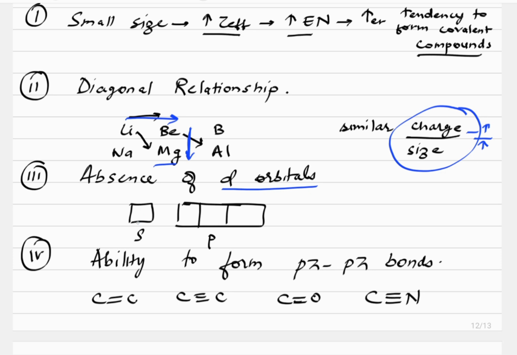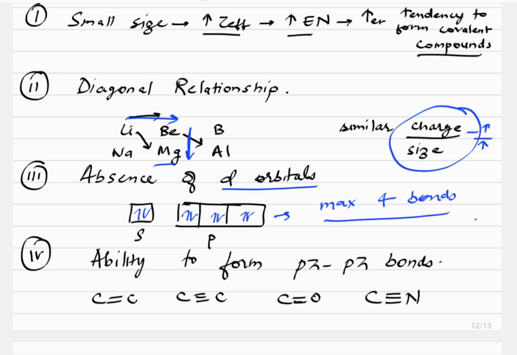Because they have only one s and 3 p orbitals in the outermost shell. So only 4 orbitals that can occupy a maximum of 4 pairs of electrons. That means a maximum of 4 bonds can be formed for members of the second period.